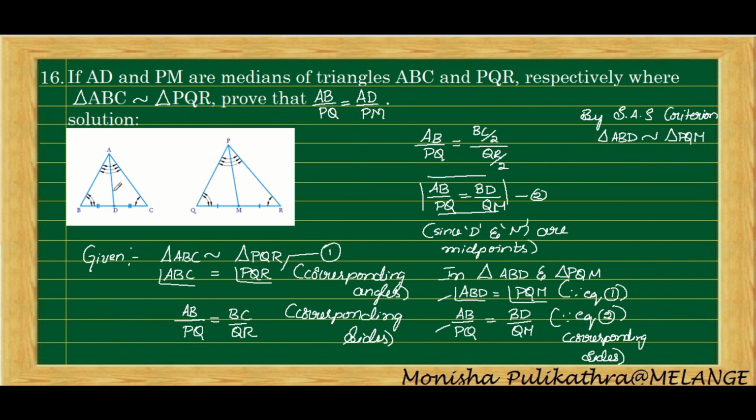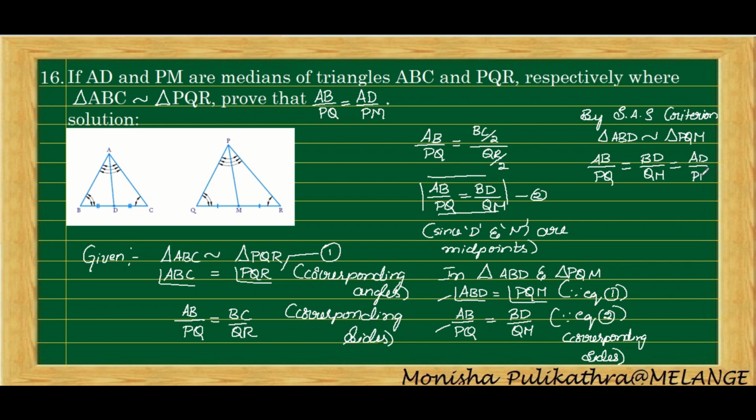If these two triangles are similar, then all the sides will be in equal ratio. So all the sides of these two triangles will have the same ratio. Then AB by PQ is equal to BD by QM is equal to AD by PM.